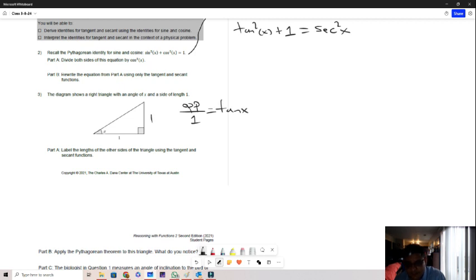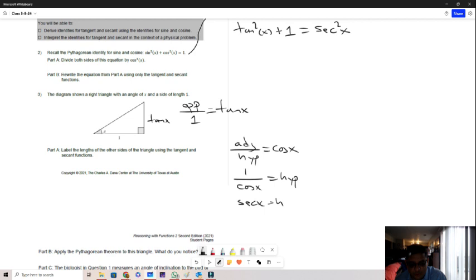So in this triangle, this will be the tangent of x. And now the hypotenuse: adjacent over hypotenuse will be the cosine, right? But notice that the adjacent is 1, so this can be seen as 1 over cosine of x equals the hypotenuse, and this is secant.